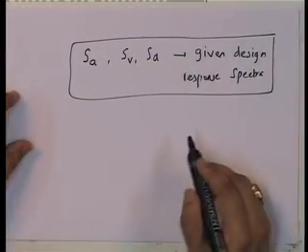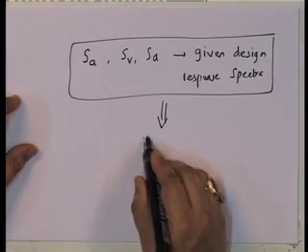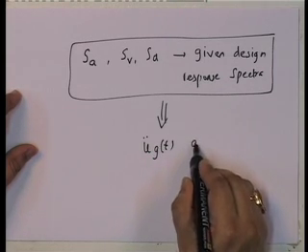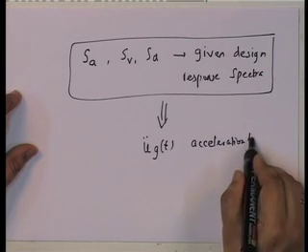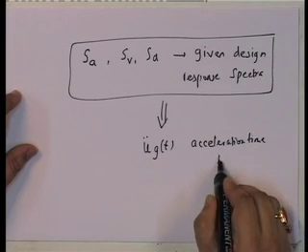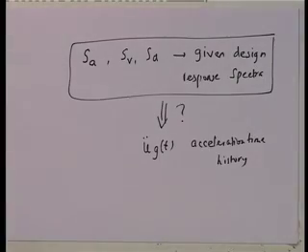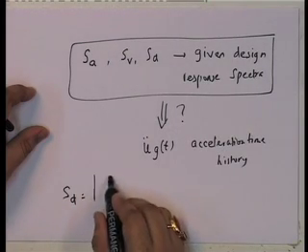So, this is given. Now, given this, can you find out UG of t, which is the ground acceleration? Well, problem, right? There is no equation like the one that I had given.